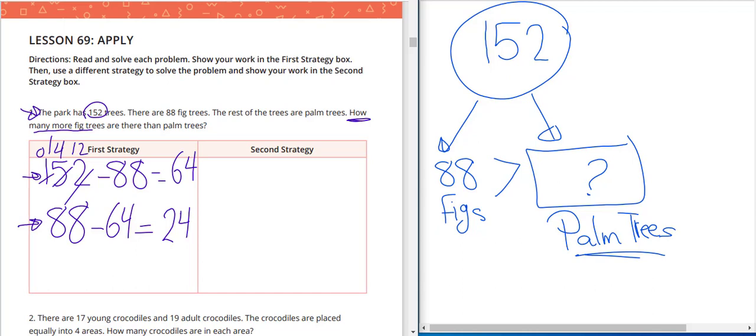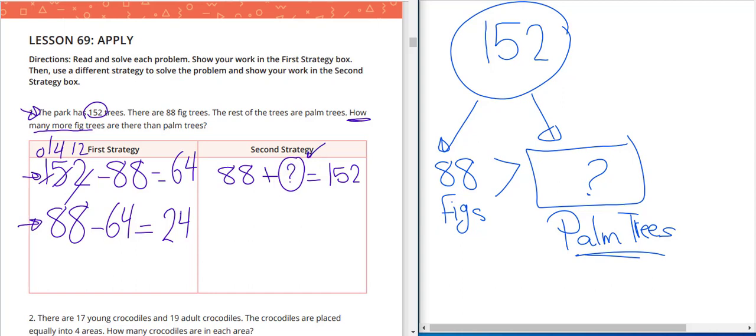And for the second strategy, you can use a number line strategy, expanded form, or place value picture, or inverse operation to check your result. So we can say 88 plus what equals 152. This is the second strategy, and then we can find the missing number here.